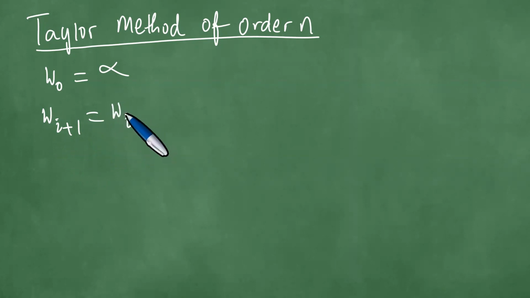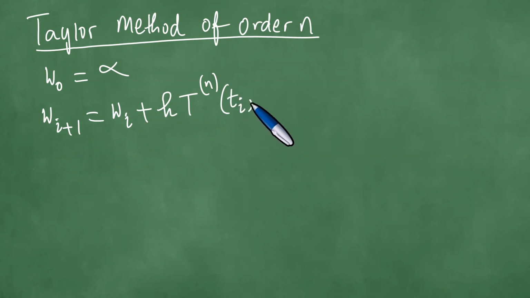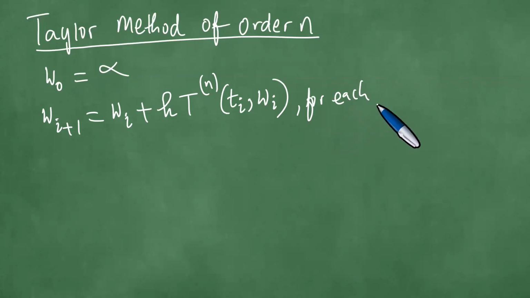So Wi plus 1 is Wi plus h, where we have T sub i, Wi, which is f(Ti, Wi), this is true for each i equals 0, 1, up to n minus 1.